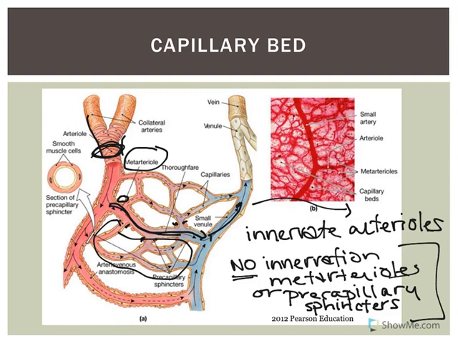Another thing I want to mention is this term called collaterals. In this picture, you can see an example of it. This is an arteriovenous anastomosis. An anastomosis is a fusion of two vessels, and here it's between an arteriole and a venule, hence the term arteriovenous anastomosis.